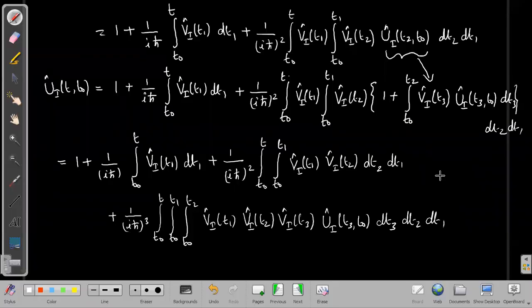So if you continue this procedure, we'll get an infinite number of terms in this series. So basically this UI(t, t0) I can expand in a series. This series is called the Dyson series.